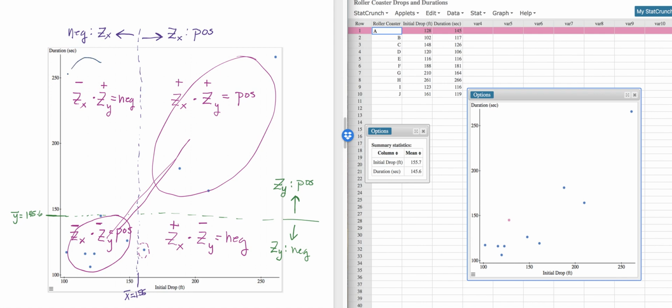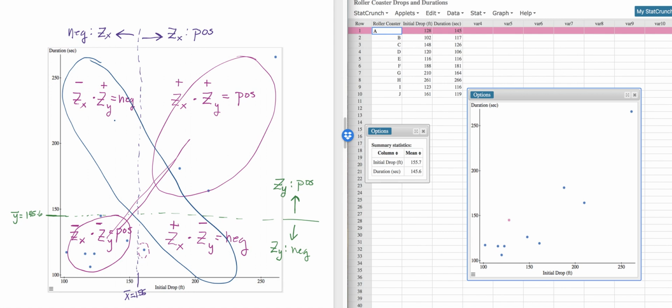On the other hand, let me pick blue. If our scatter plot was displaying negative correlation, then it would be going down from left to right. All of our ordered pairs would be coming out predominantly in this quadrant where our products are negative, or in this quadrant where our products are negative. So, negative correlation, most of the points are going to have negative products of z-scores.